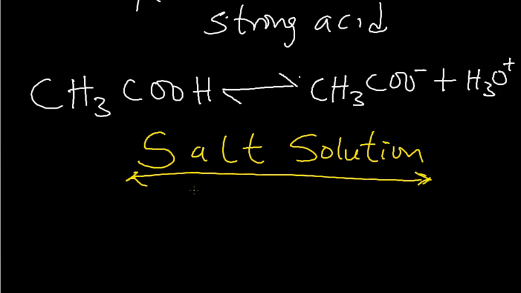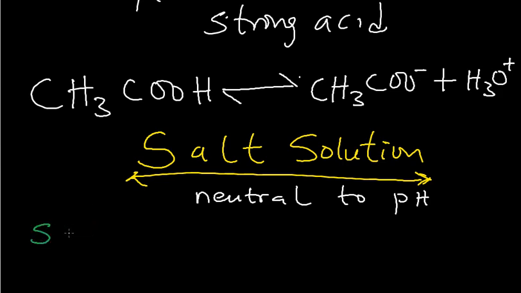Normally, a salt solution is supposed to be neutral to pH. But what determines whether a salt solution is neutral to pH depends on the acid and the base that were used to form that salt. Now, please take note of this.